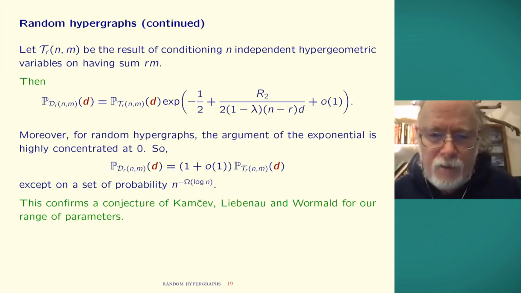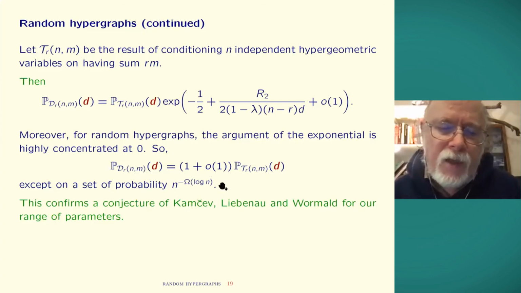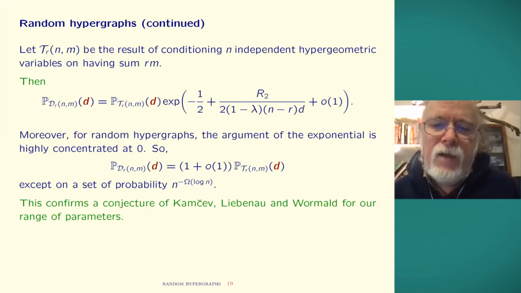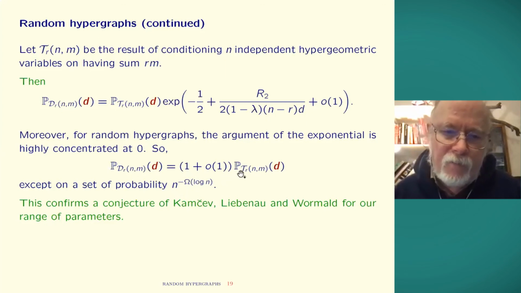So what this shows is that except for a set of very small probability, and very small here is n to the minus omega of log n, except on that very small set, the hypergraph degree sequence matches the hypergeometric model of the degree sequence to within a small error.